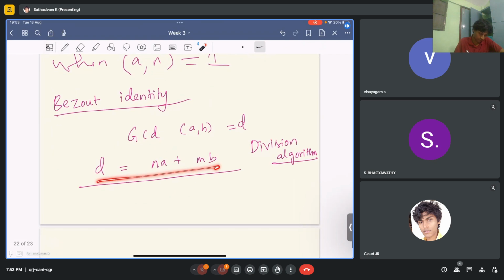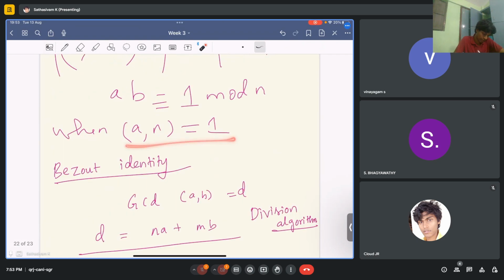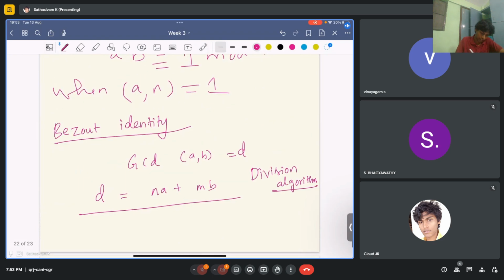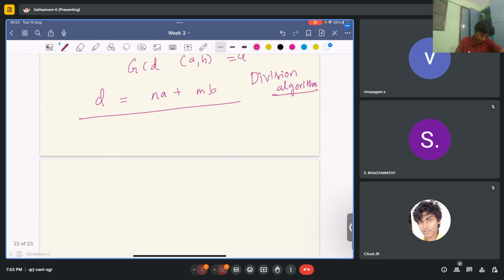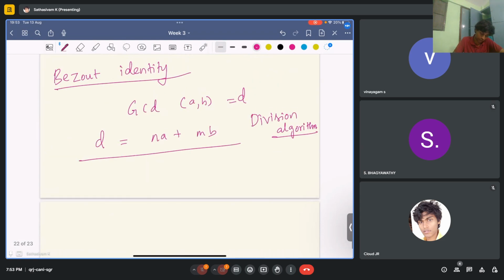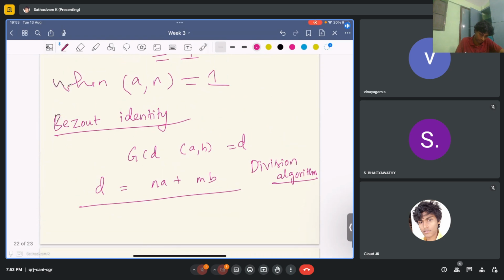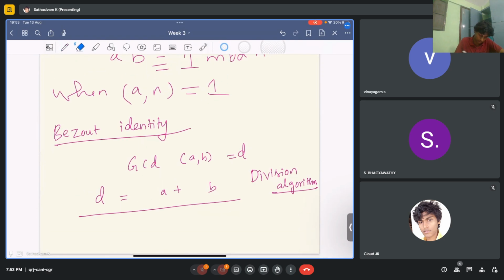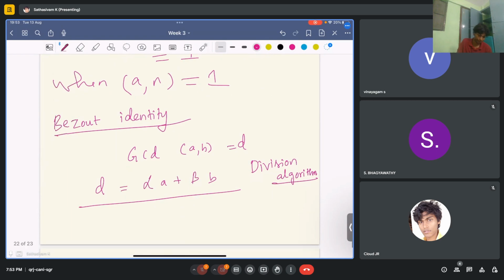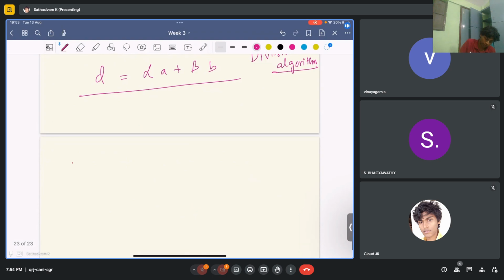So from here, if the GCD is 1, what do you have? Let's use the Bezout identity here. Assume that the GCD is 1. I should not use the same n, so I will use alpha and beta. What I have is 1 is equal to alpha a plus beta n.